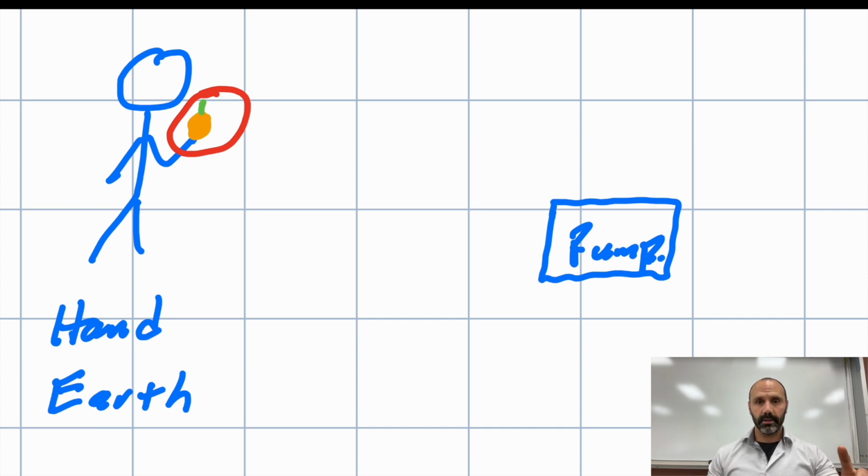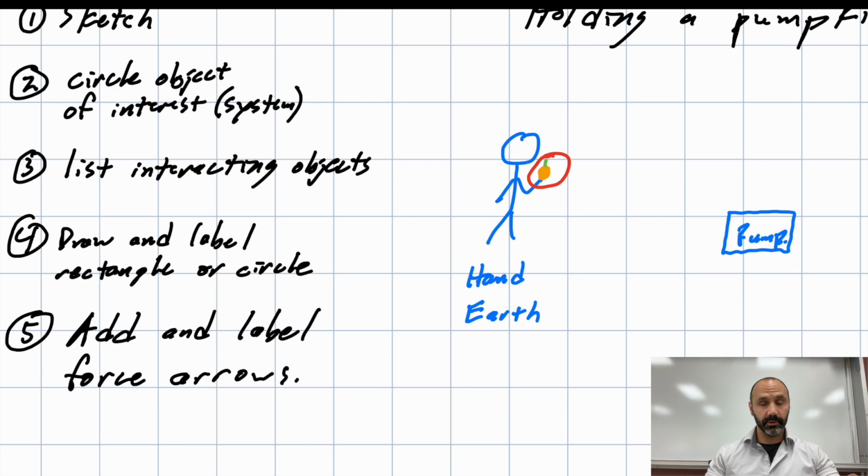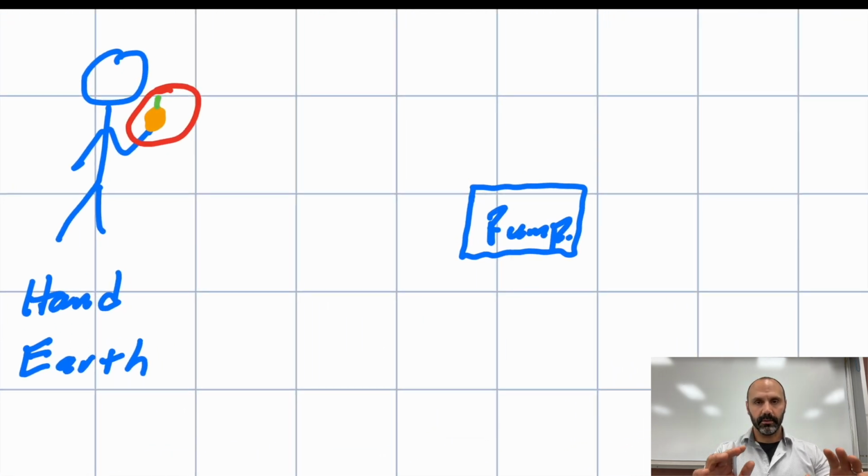Another key thing here is that now we draw the arrows. The next step, add and label the force arrows. The convention with the force diagram is that the force arrows always go away from the rectangle or the circle that you drew. The tail connects to either the surface or the center of the object, but it has to connect.